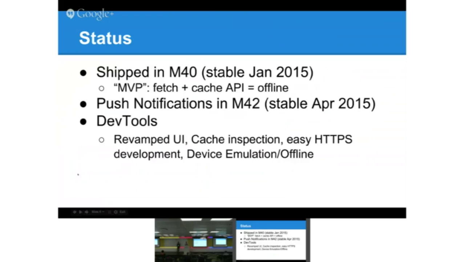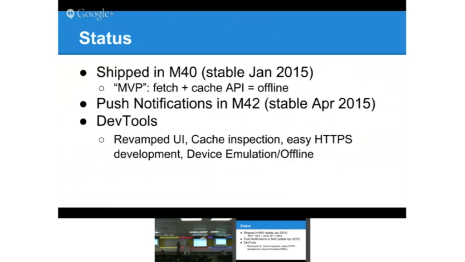I just listed some improvements that are either ongoing or shipped here. A better UI, particularly to show the life cycle of a service worker, and installations and updates, as I just mentioned. Better inspection of the service worker cache and deletion of cache entries.